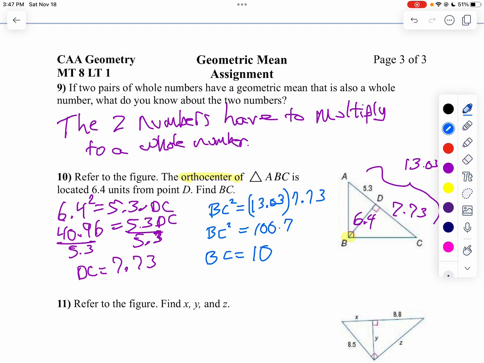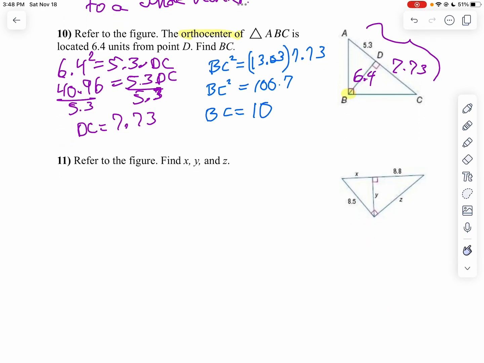Now let's take a look at number 11. That one is a little bit more involved, isn't it? Okay. And the reason it's a little bit more involved is I don't really have enough information here to do any one precisely. Because I don't know the altitude y, I don't know the entire hypotenuse, and I'm missing the leg z. But I do know 8.5. So let's do this.